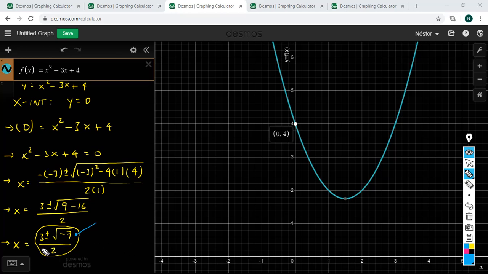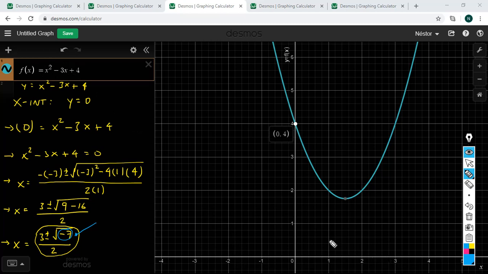So basically we do get two solutions. We get 3 plus the square root of minus 7 over 2, and the other solution is 3 minus the square root of minus 7 over 2. So we get two solutions, but these are not real numbers because of this. So we say that this function doesn't have x-intercepts in the real numbers.